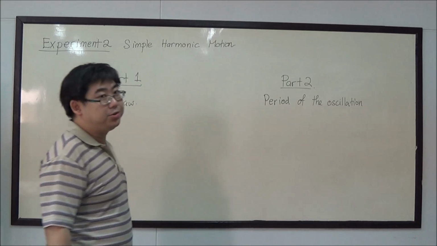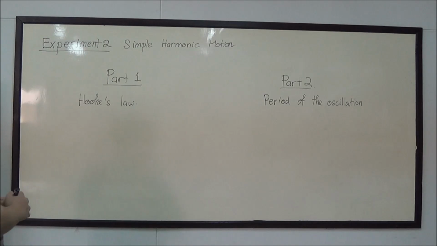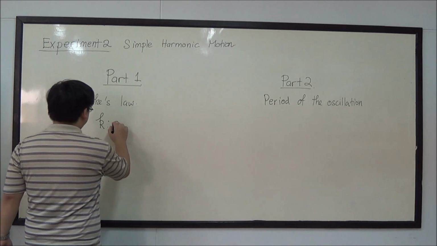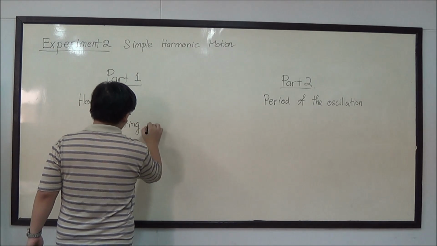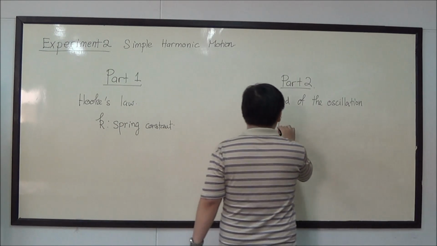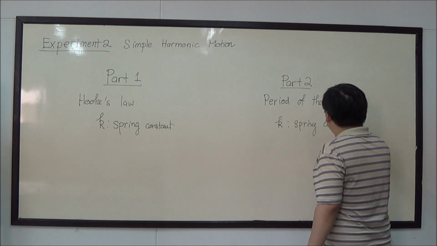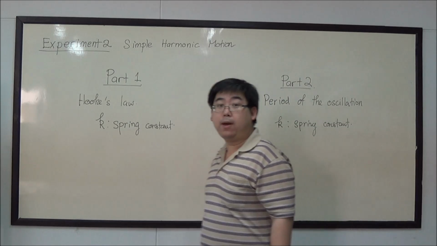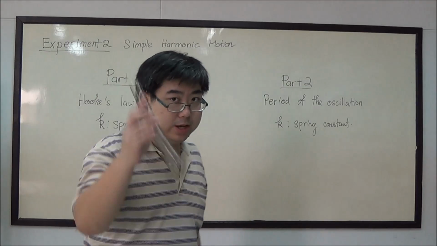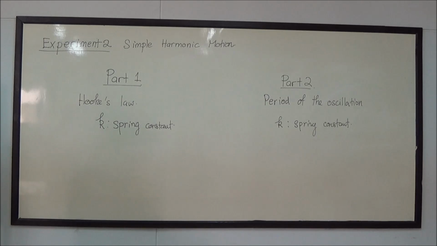In both parts, we want to find what we call the spring constant K. So in both parts, we are going to find the spring constant of this spring here. So let's look at the theory.